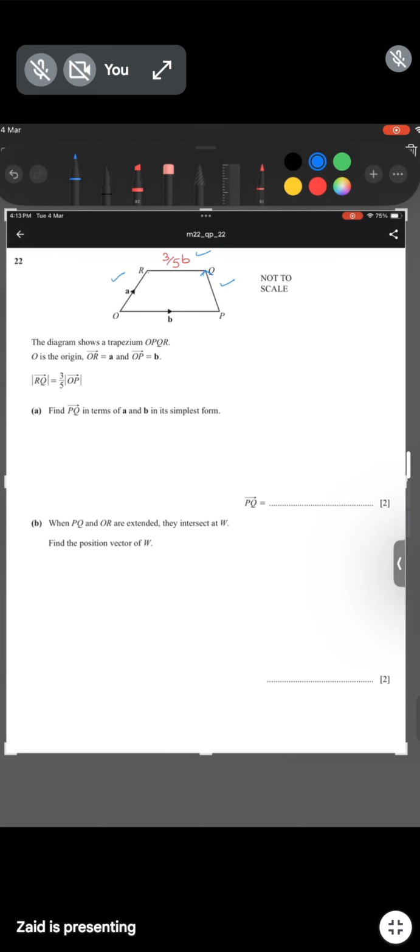It's not necessarily that you're always going to use 2, you can use 3 as well. Starting from P, I have to find PQ, so it's going to be PO plus OR plus RQ, and that's going to be PQ. Starting from P, ending at O, starting with O, ending at R, starting with R, ending at Q. Is that clear?